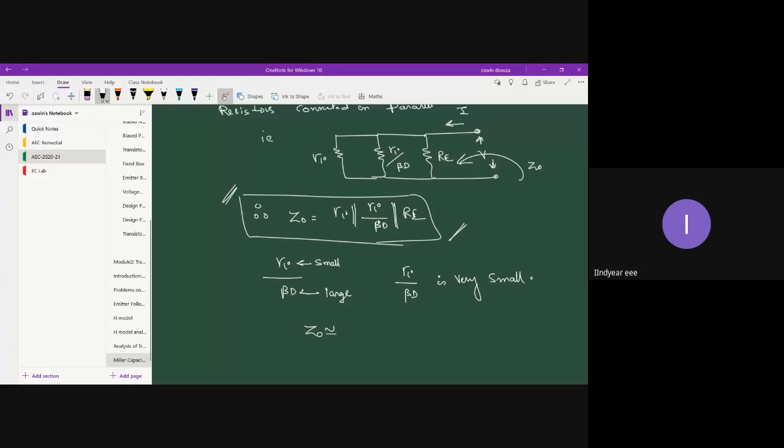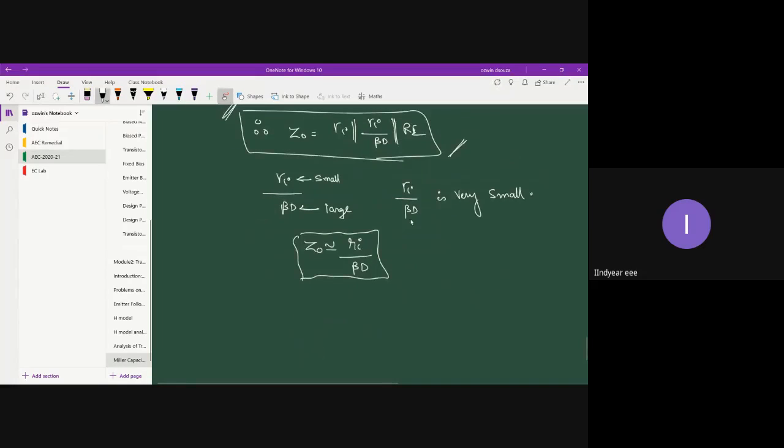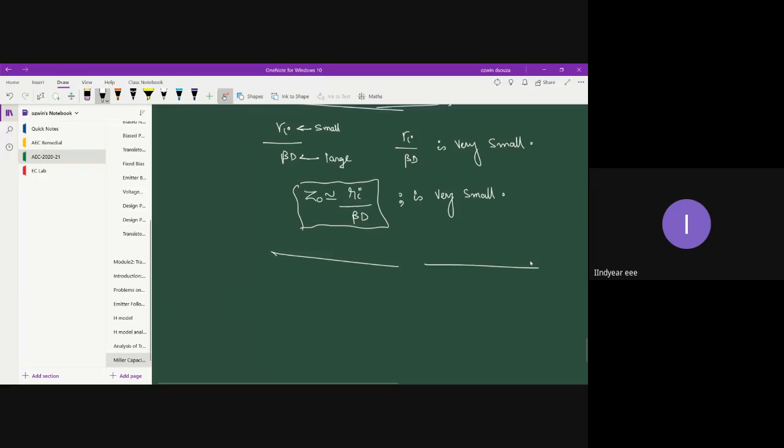That's because RI by beta D is very small. So your Z0 is approximately equal to RI divided by beta D. This is your output impedance, and it shows that output impedance is very small. Okay, so that's your analysis.